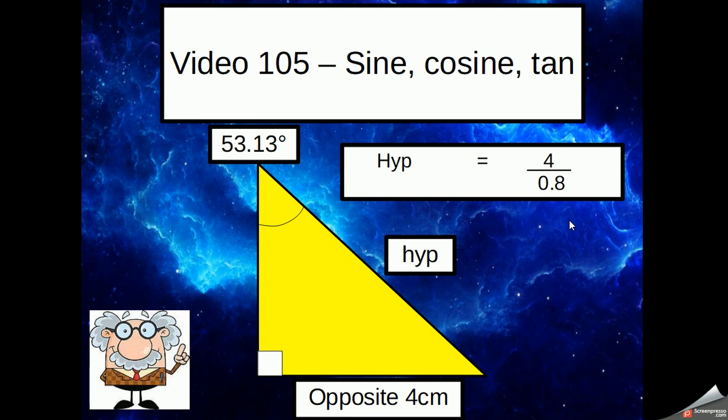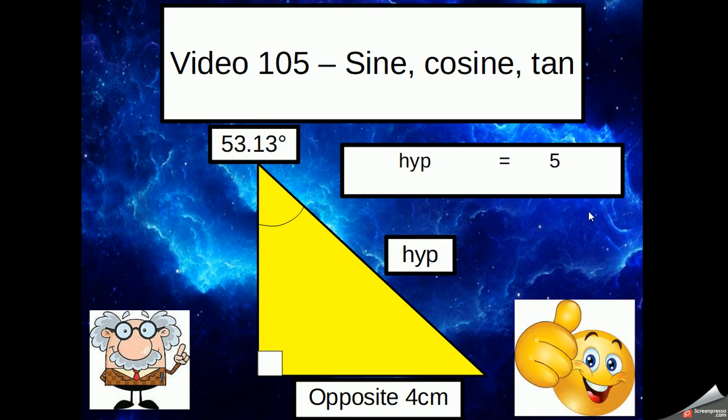When I type in sine 53.13 on my calculator, it gives me the value of 0.8, and now I can simply do 4 divided by 0.8 is 5, just what we expected, because we knew with Pythagoras' theorem, with a triangle that's got sides of 4 and 3, the hypotenuse will be 5. So that's how to use sine, cosine and tan, how to find a missing angle and to find a missing side.